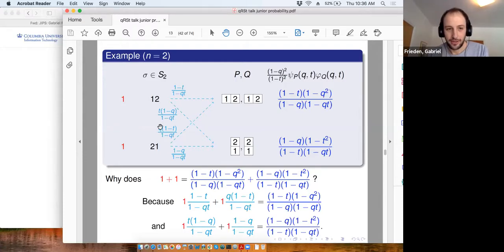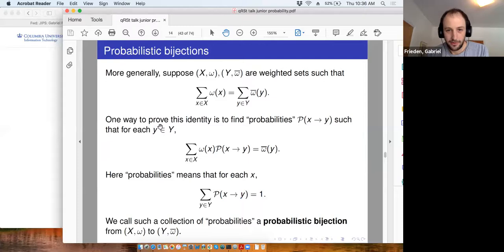Okay, so here's this more general framework. Suppose I have two weighted sets, and I want to show that the sum of the weights over one set is equal to the sum of the weights over the other set. In our case, the set on the left is permutations that are each weighted by 1, and the right-hand side is the set of pairs of tableaux each weighted by this complicated weight.